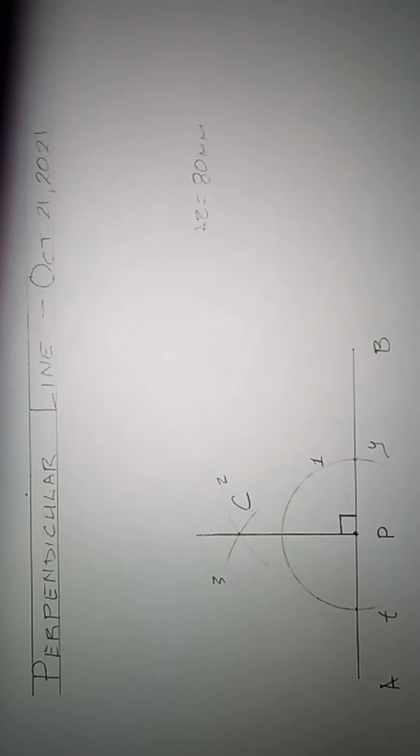So let us now check whether this angle is a right angle, and if that is the case, the vertical line is said to be perpendicular to the horizontal one.